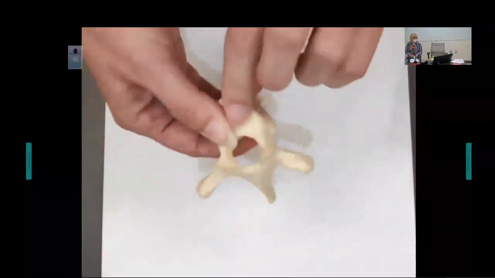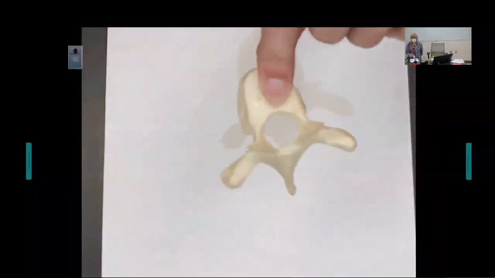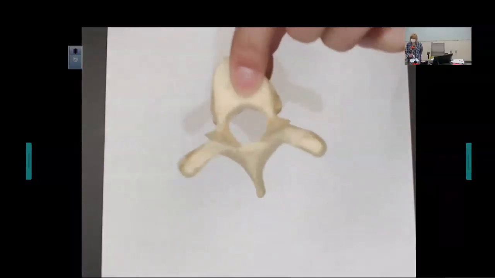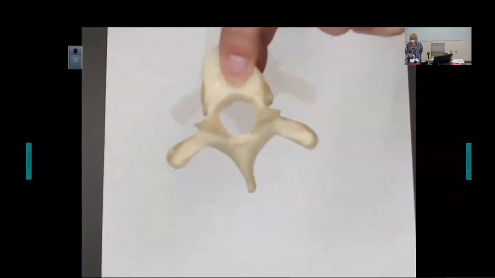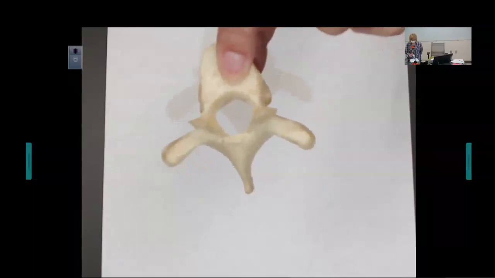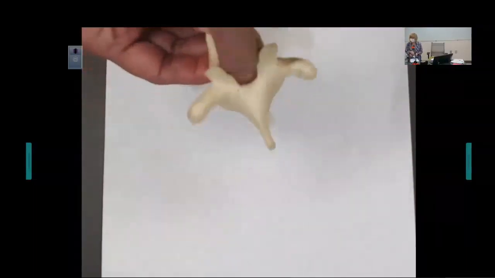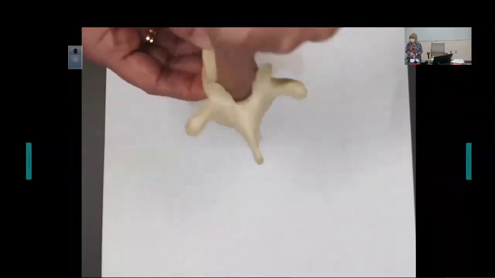Okay. Right here where I have my fingers, on all the vertebrae, all these pieces are the same on all the vertebrae. This is the body. This hole, what do you think goes through that hole? There's something very important going through that hole.